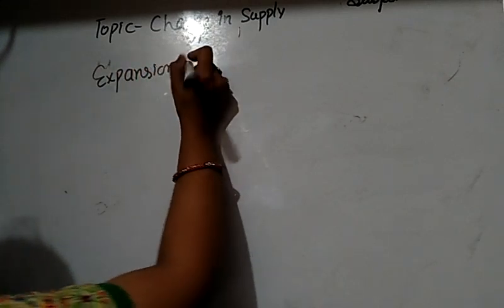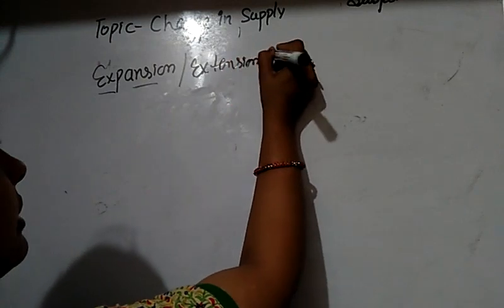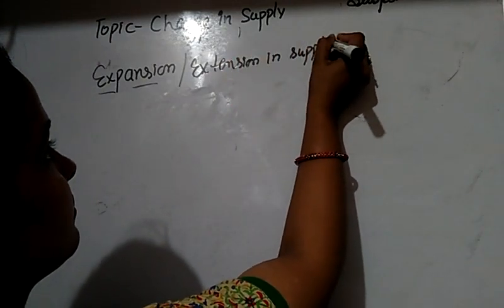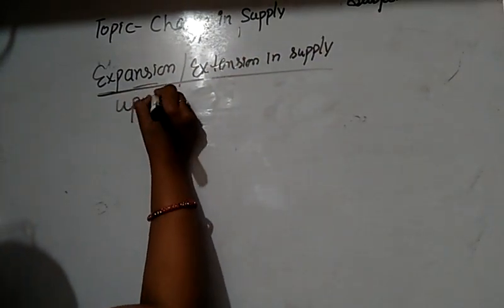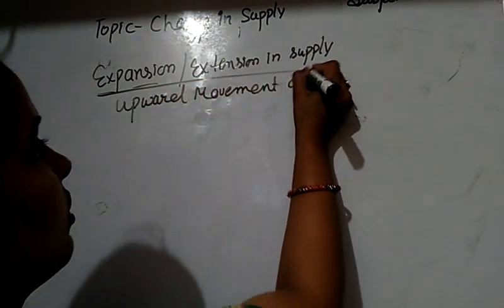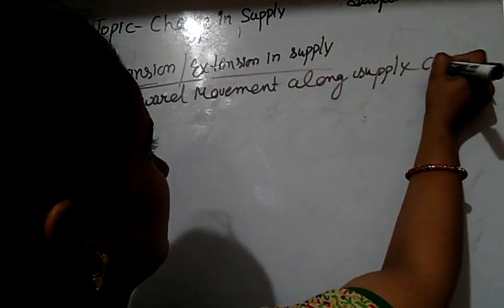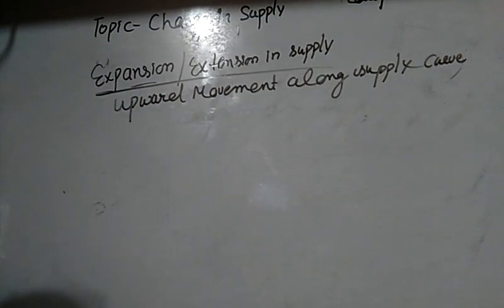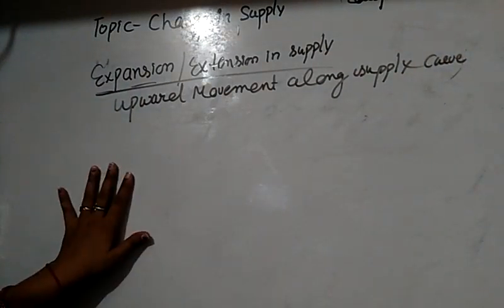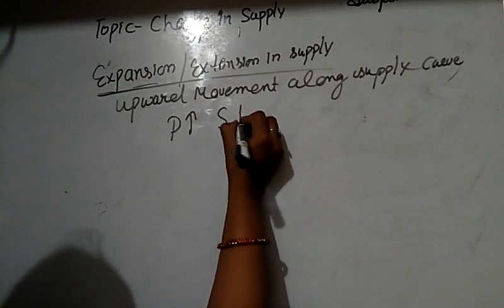Expansion or extension in supply is also called upward movement along supply curve. As I said, when price increases, supply also increases.